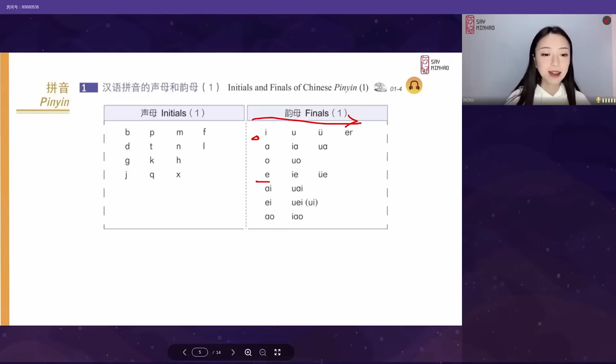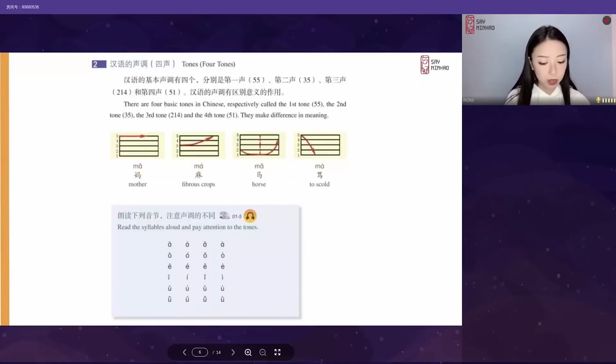Okay, these are the basic initials and finals of Pinyin.